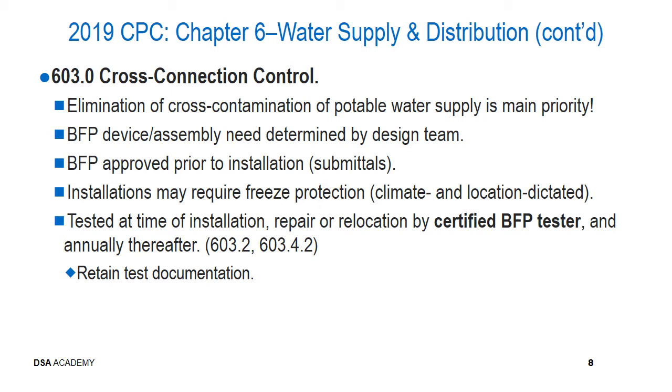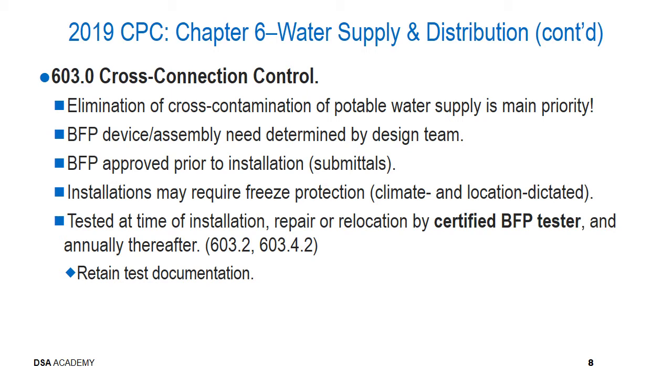Generally speaking, some form of backflow prevention device or assembly is required, but the need is determined by the design team as well as the specific design. The installation parameters, the design parameters, and the requirements are ultimately decided by the design team. And they have a lot of options at their disposal based on the information provided in Chapter 6.